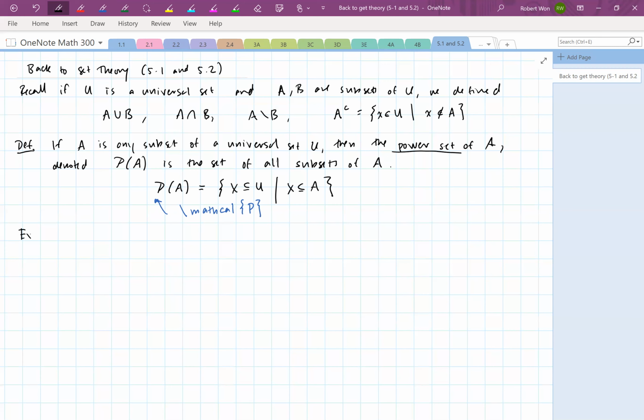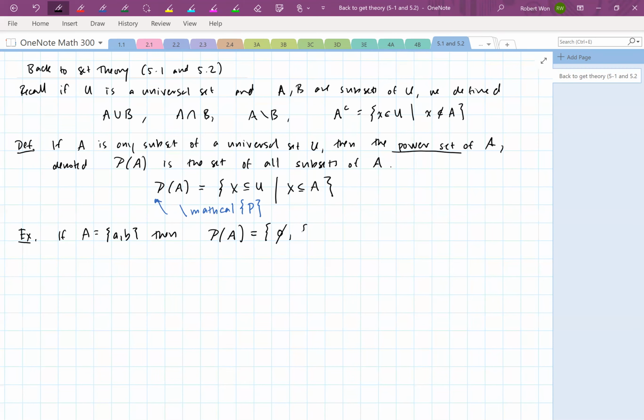So let's let A be the set, say two elements, a and b, right? Then the power set of A is defined to be all of the subsets of this set. Well, how many subsets does A have? Well, we said that the empty set is always a subset of A, no matter what A is, and it's the only subset that has 0 elements in it.